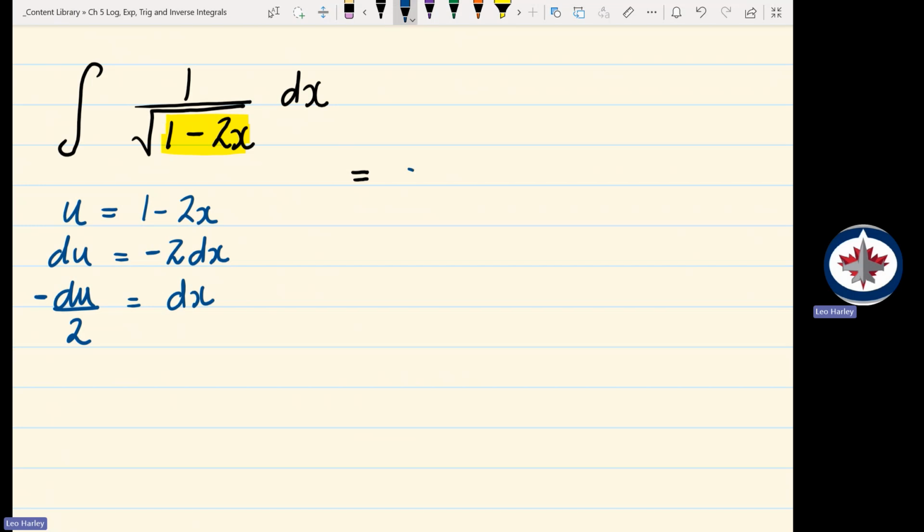So then you're going to rewrite this as -1/2 the integral of 1 over the square root of u du? And we kind of already just did that, didn't we?